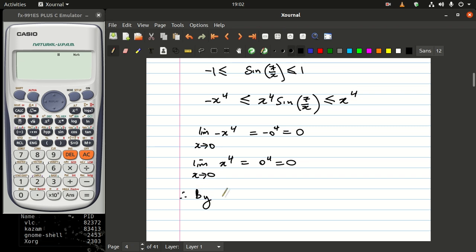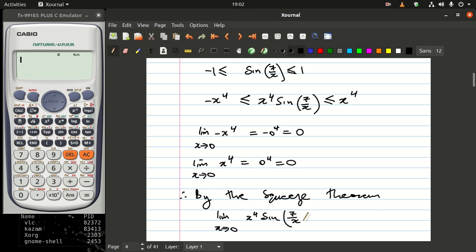Therefore, by the squeeze theorem, I have the limit as x approaches 0 of x to the power 4 times sine of 7 over x must also be equal to 0.